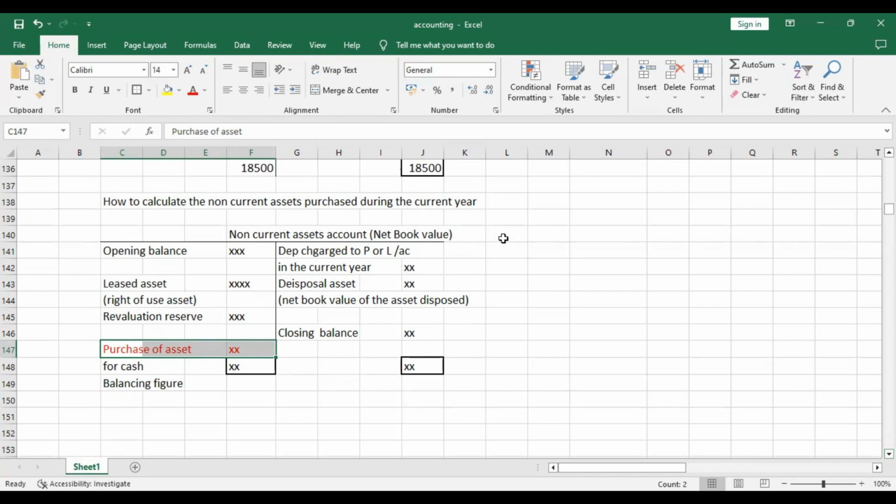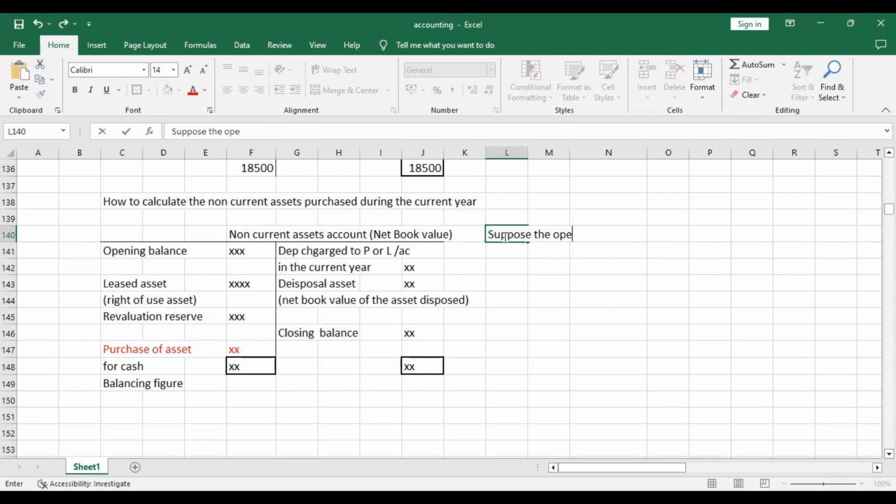Okay, suppose the net book value of non-current assets for 2022 and 2021.